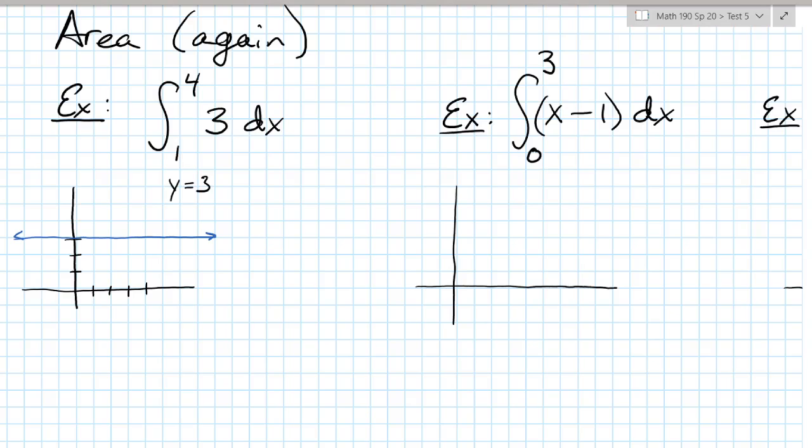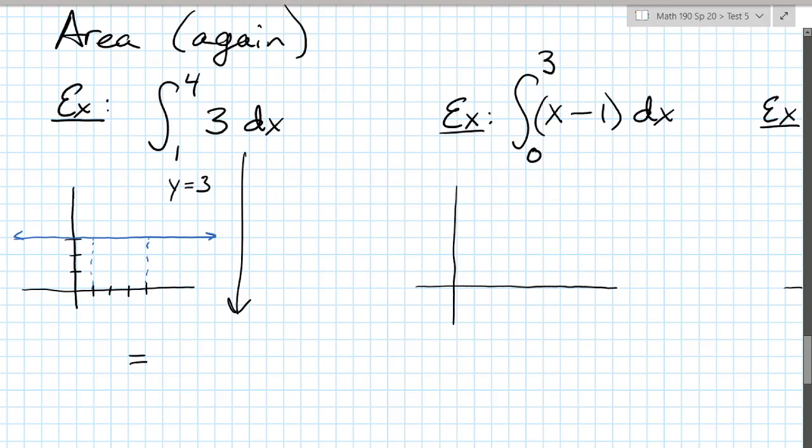So here we have 1 to 4, and we're interested in finding the area of this shape. Since this is a shape we can find the area of geometrically, we can go directly to the solution here.